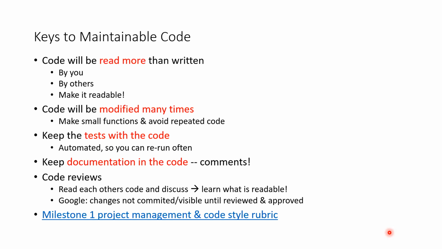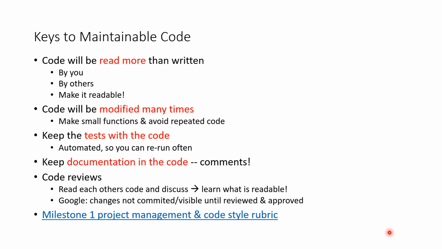So in summary, the keys to maintaining code are: make the code more readable because it will be read more than written. Code will be modified many times, so make small functions and avoid repeated code so that it can be modified more easily. Keep the tests with the code by using assertions that are automated, so they are just checked at runtime, and you don't need to run any additional tests to check for that.